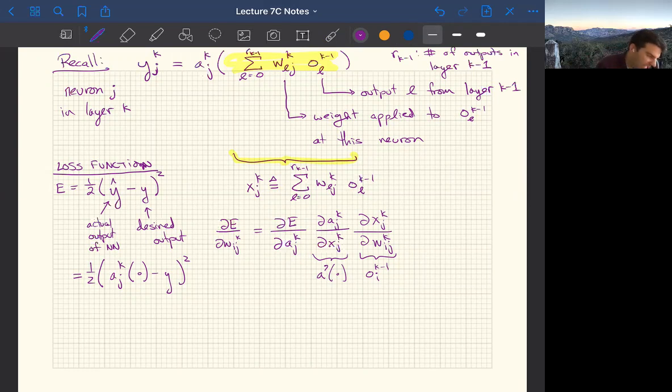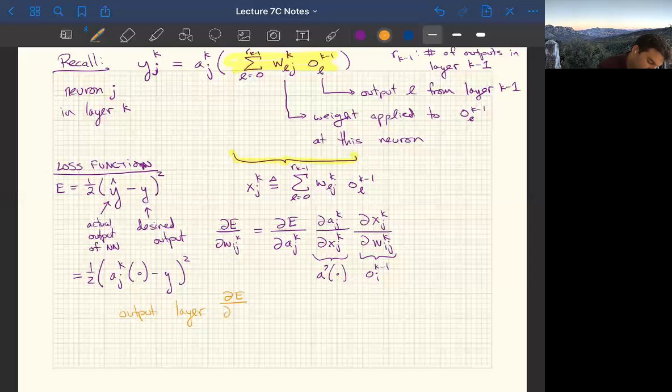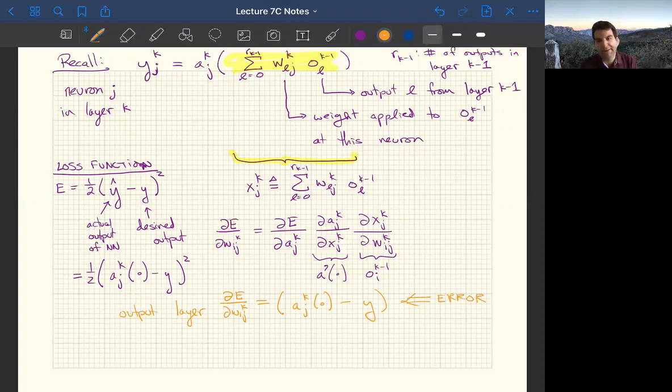So if I am at the output layer, then my derivative with respect to the weights is just going to be the output layer's activation function with a bunch of stuff I can evaluate minus the desired output. And so this is just the error. And that will be the beautiful part here in just a second.